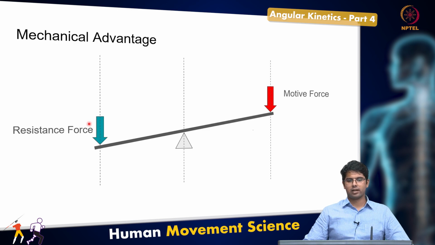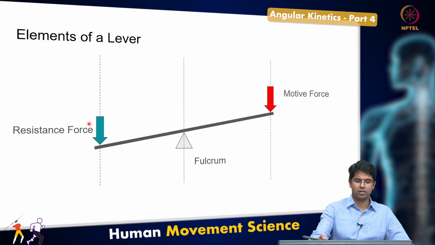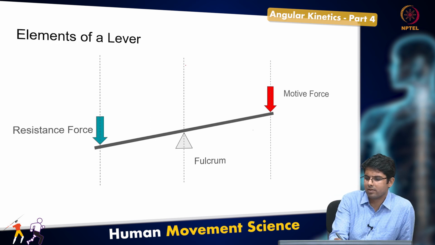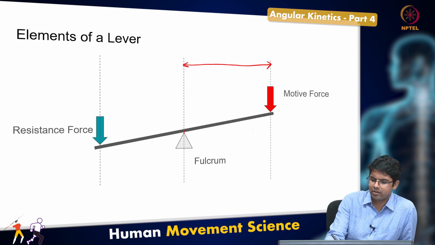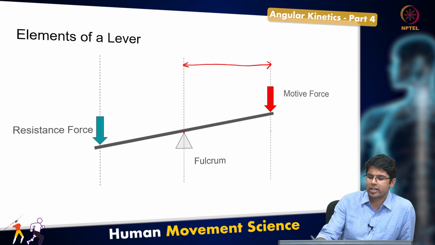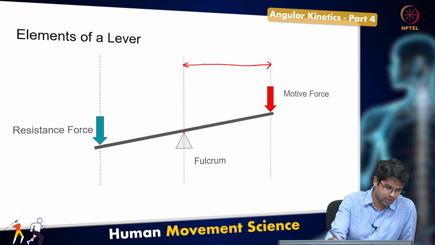In terms of other terminology, the perpendicular distance between the point of pivot and the direction of force application is called the motive arm.